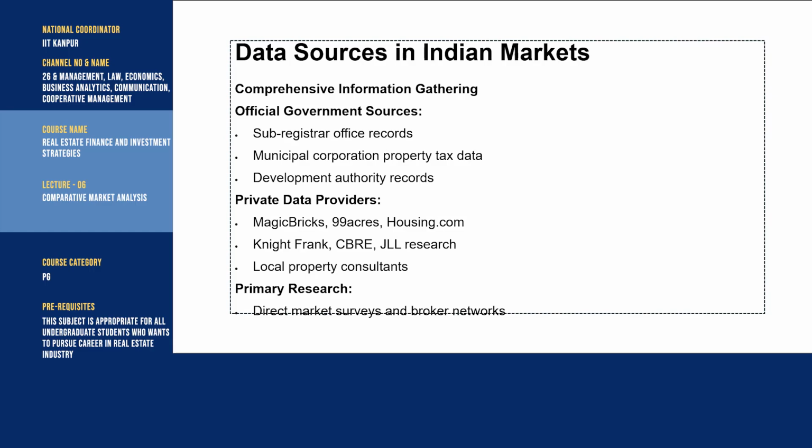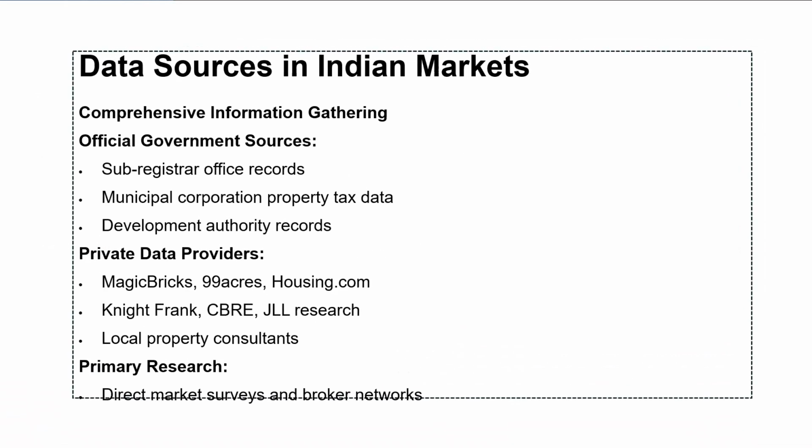Then data sources in Indian market. So we have official government sources, we have sub-registrar office records, we have municipal corporation property tax data, we have development authority records, we have private data providers, and we have Magic Bricks, 99acres, Housing.com, we have Knight Frank, CBRE, JLL Research.